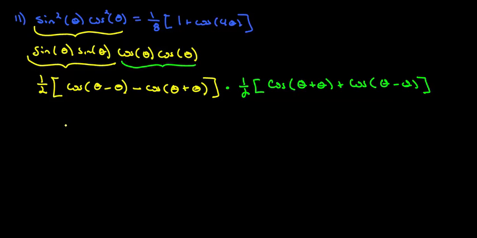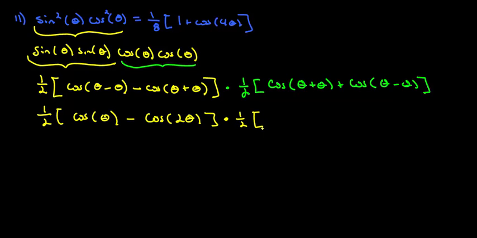Well, altogether I've got 1/2 times the cosine of 0 minus the cosine of 2 theta, times 1/2 again times the cosine of 2 theta plus the cosine of 0, which is going to be 1. Okay, so that's why I was putting that in there.